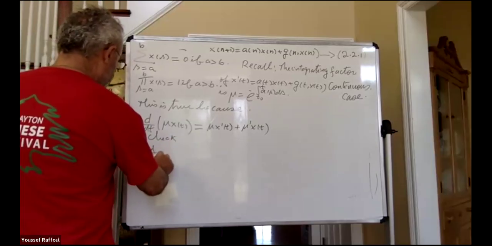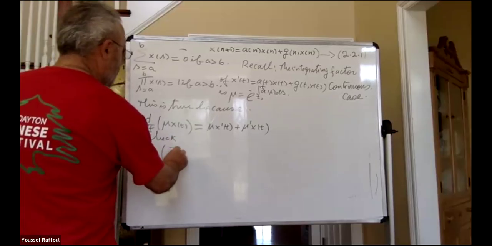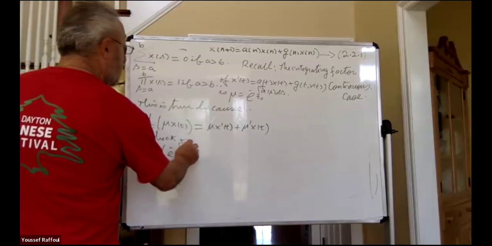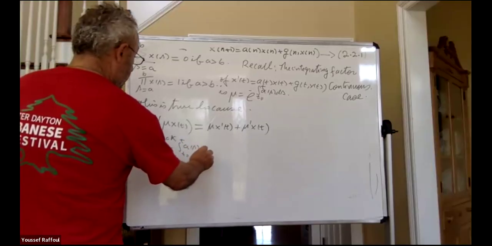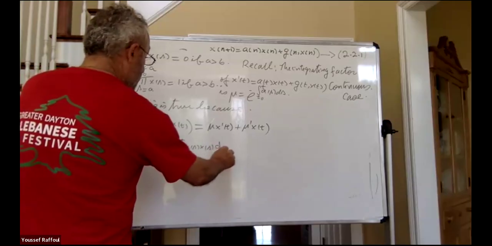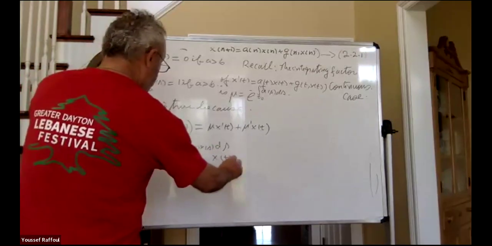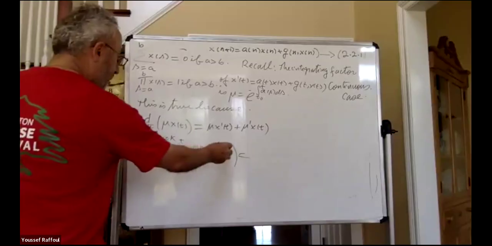So what is d/dt of e to the minus integral from t_0 to t of a(s) ds times x(t)? That is the derivative of that.